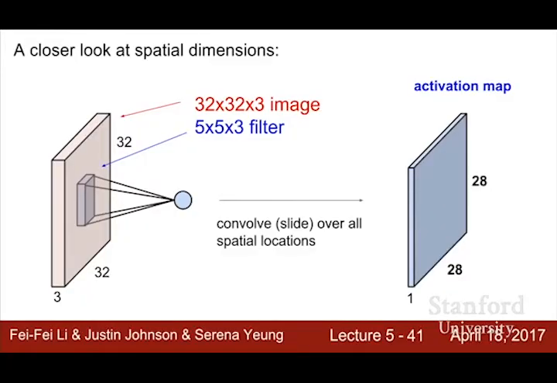Remember, each filter does a dot product through the entire depth of your input volume, but that produces one number. So each filter is producing a 1 by 7 by 7 activation map output in this case, and so the depth is going to be the number of filters that we have.